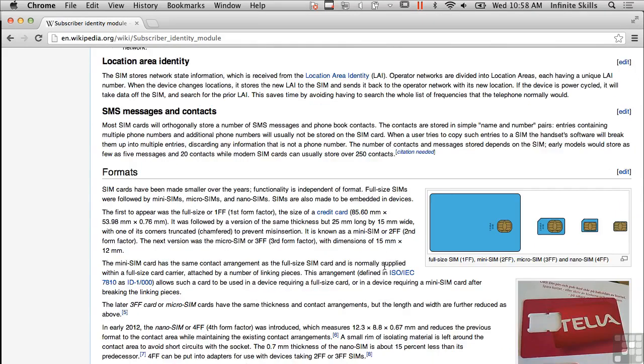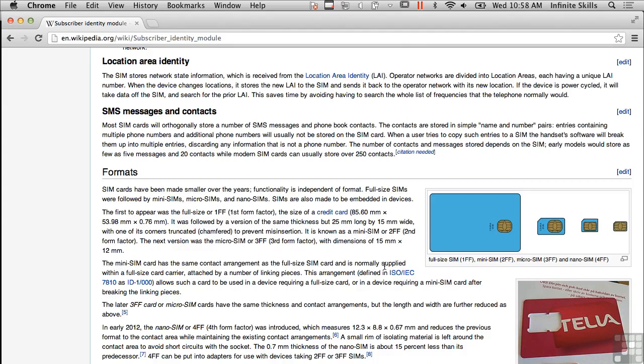So again, there are some pieces of information that you may find really useful or interesting that could be stored on a SIM card. And as I mentioned, there are a few different form factors. We've got the full-size SIM, a mini SIM, a micro SIM, and there's also a nano SIM.